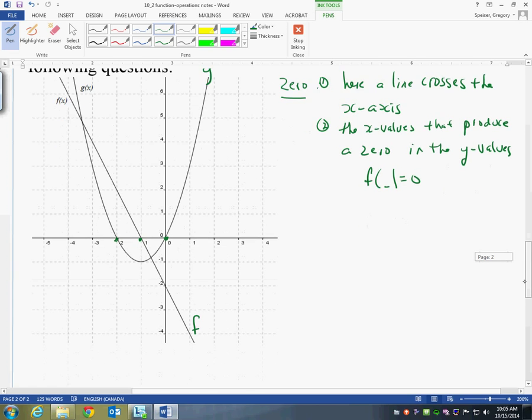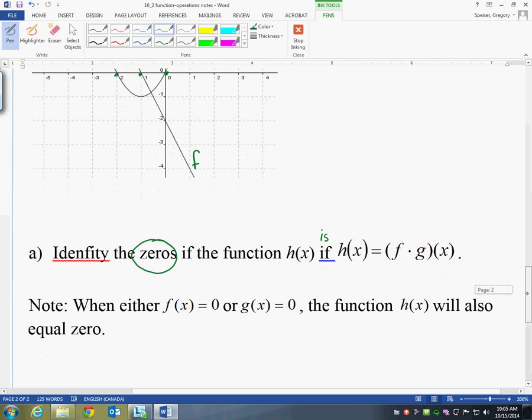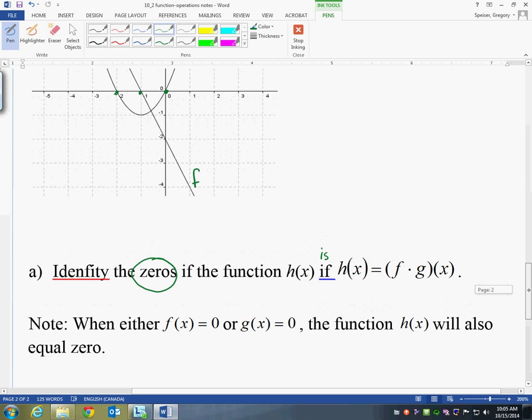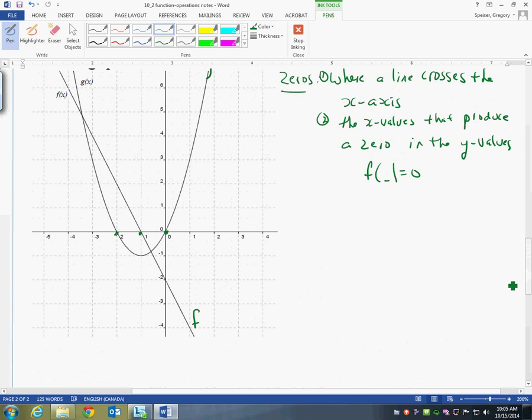And our first question is, identify the zeros of h of x, of the product. Well, the hint is, when either f of x is equal to 0 or g of x is equal to 0, the product will also be 0. Because remember a long time ago, your math teacher might say, what's 3 times 4 times 8 times 2 times negative 1 times 0? And as long as they said 0 once in there, the answer was 0.